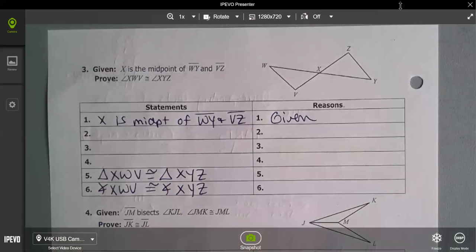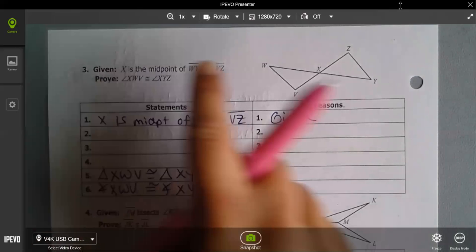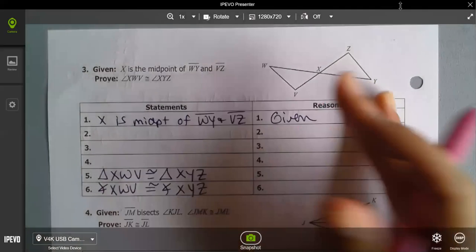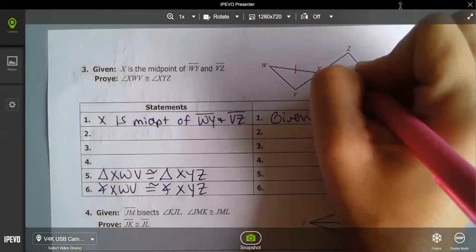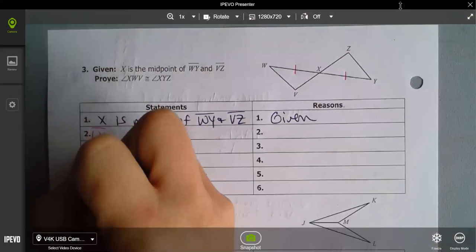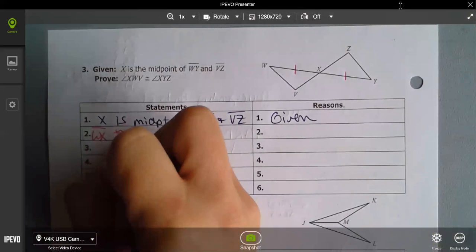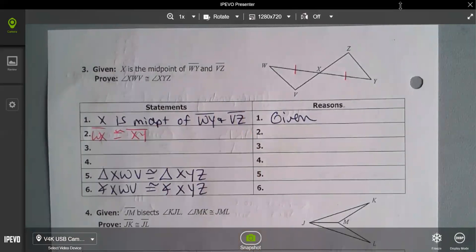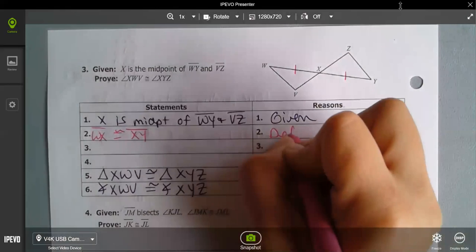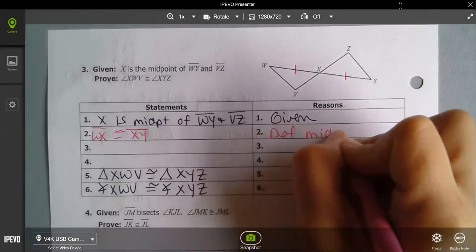All right, let's mark. X is the middle of WY. Well, that makes this one and this one congruent. So I can say that WX is congruent to XY. How did I know? Well, X was in the middle, which means that I know the definition of midpoint.